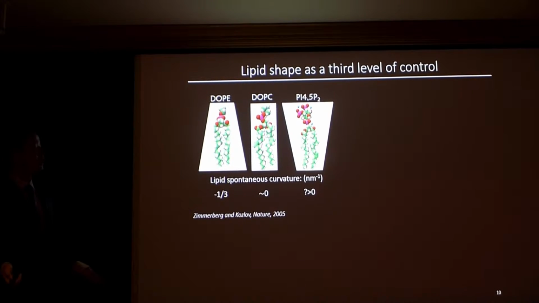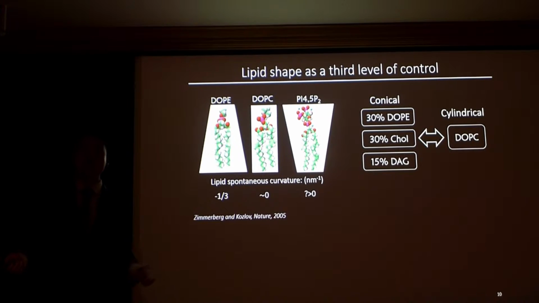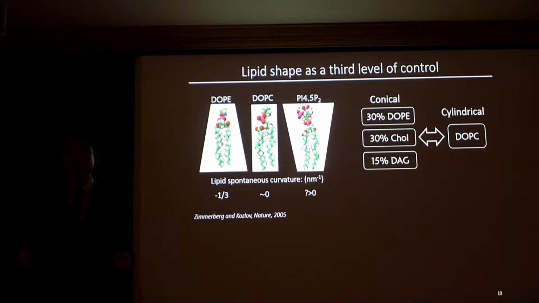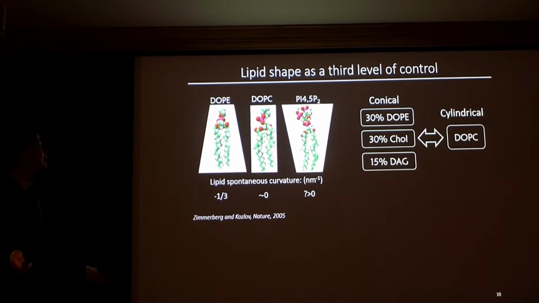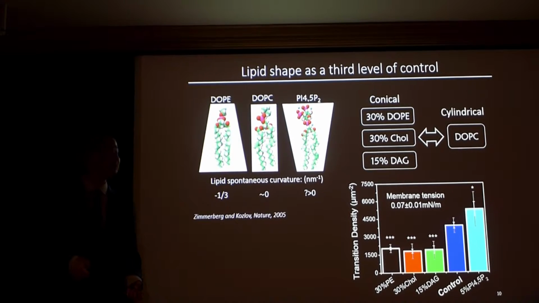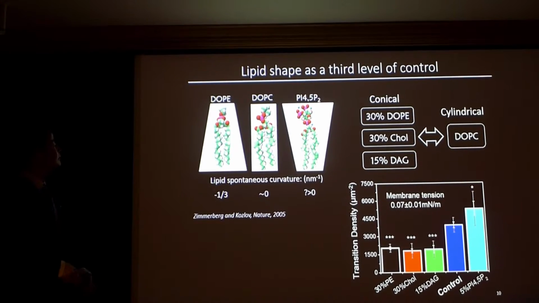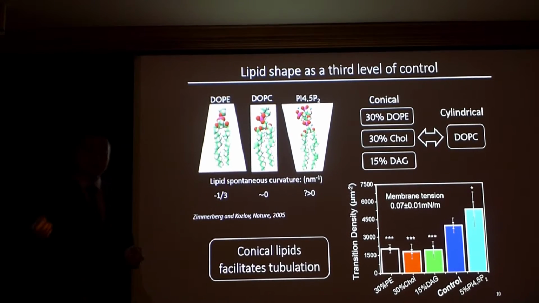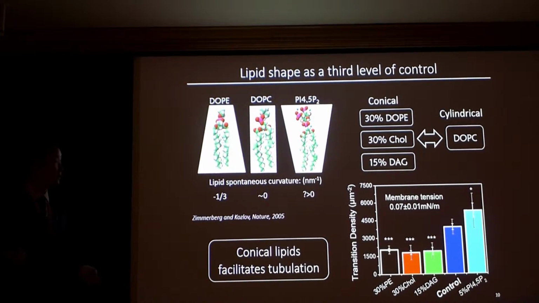And in our experiment, we can simply replace the cylindrical DOPC with a bunch of different conical lipids. And what we found was, in the presence of conical lipids, much less endothelin is required to deform the membrane. And so this tells us the presence of conical lipids in the membrane will serve as a third lever to control membrane deformation.